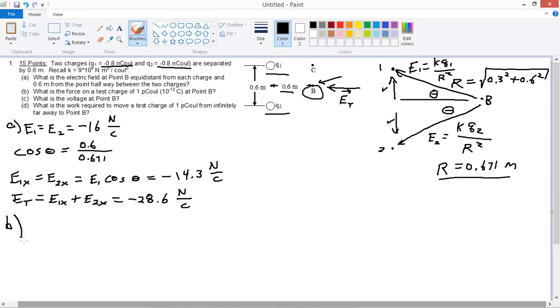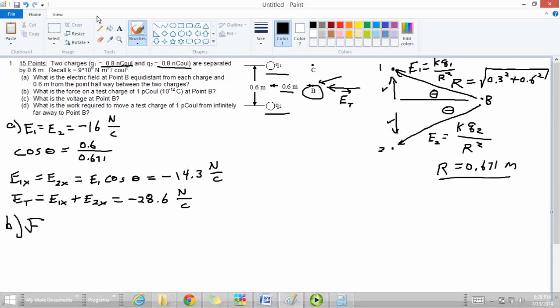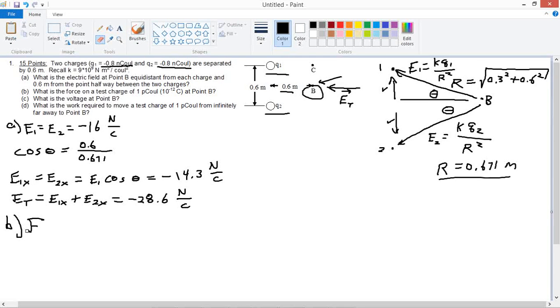What is the force? If we put a test charge, the force vector, and by the way, writing this as vectors, I've just said it's the x component, so we know it's in the x hat direction, x hat being the unit vector in the x direction. Negative sign means it points to the negative x.